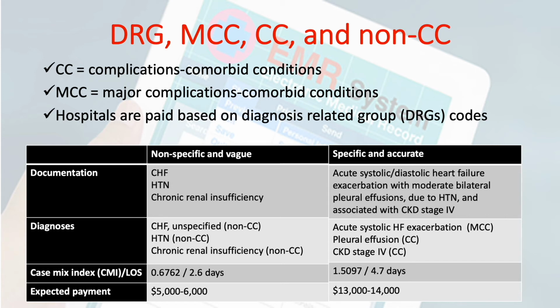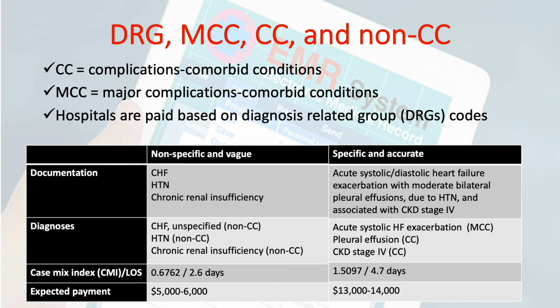That will lead to a CMI, or case mix index, of 1.5, which is much higher than 0.6 or 0.7, and that indicates the patient should stay on average about 4 to 5 days, and that ultimately should lead to reimbursement almost double that of the first documentation. It would be about $13,000 to $14,000.